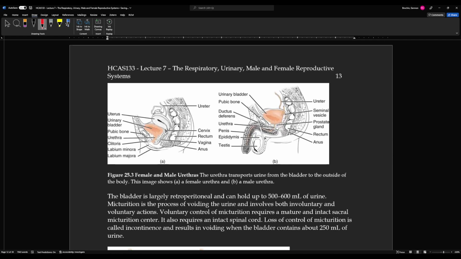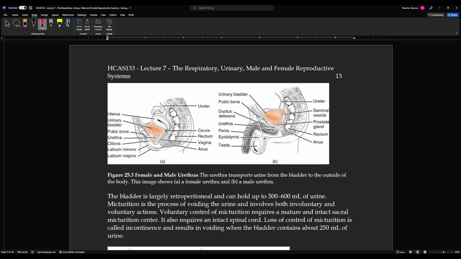Once it leaves the bladder, the urethra is where urine is carried during the process of urination. The urethra is different between males and females. Female urethras are much shorter, which leaves them much more at risk for things like urinary tract infections, as bacteria does not have to go very far before reaching something that's easily infectable, whereas the male urethra is much longer by comparison and consists of slightly different parts.